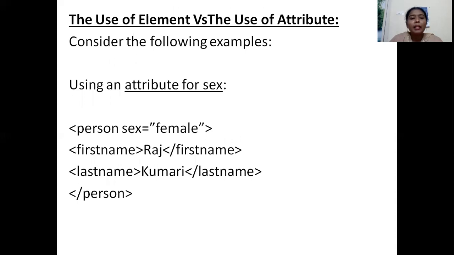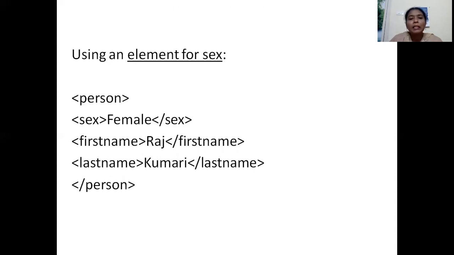Here, sex is an attribute, whereas in this example sex is an element. I think now you have a clear idea of the difference between an XML element and an XML attribute. There is not much confusion between attribute and element, which is similar to HTML.